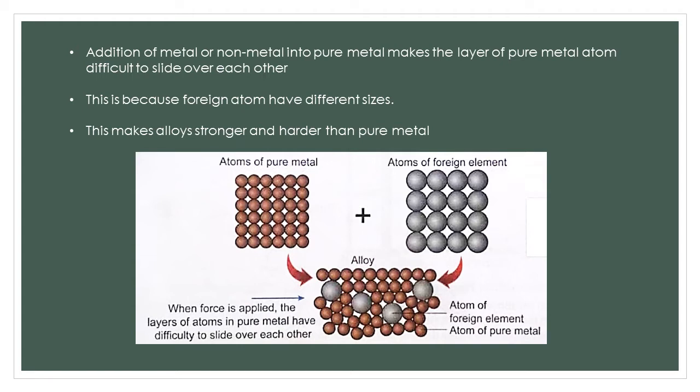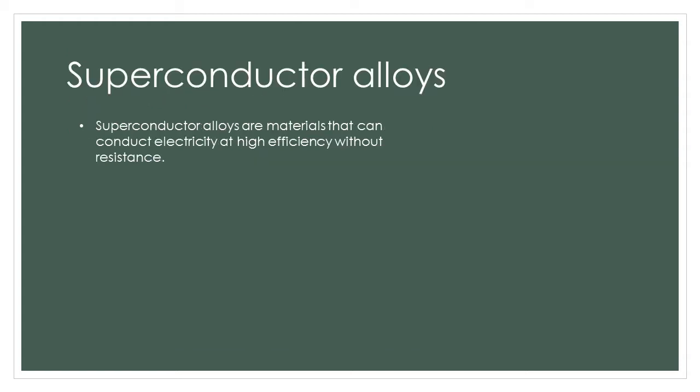When force is applied, the layers of atoms in pure metal have difficulty sliding over each other because of the size of the foreign atoms. The bigger size of the foreign atoms makes the pure metal atoms difficult to slide over each other. So it gives the hardened property to the pure metal.